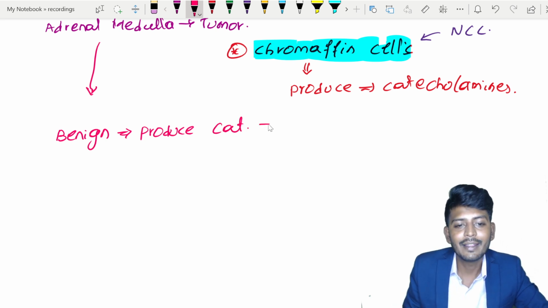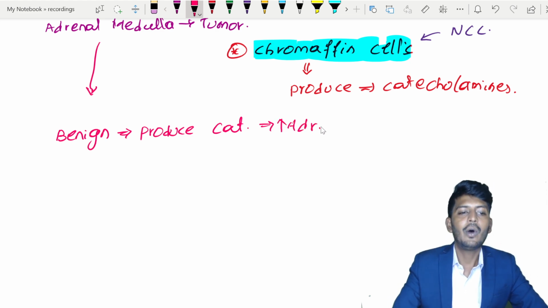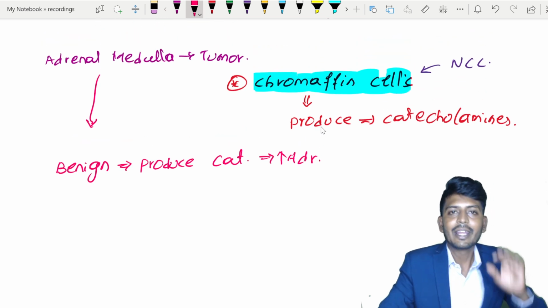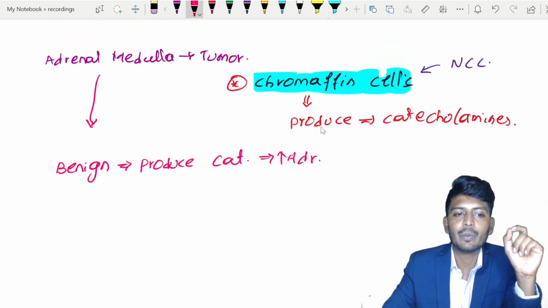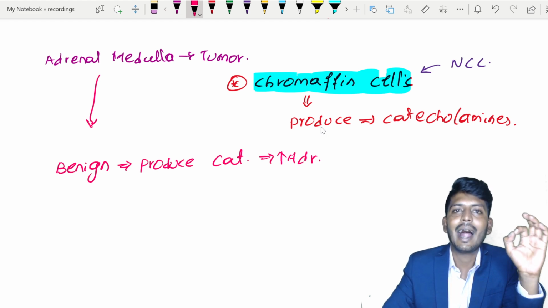So basically there is an increased amount of, most importantly, adrenaline. So far what we discussed: pheochromocytoma is a tumor which usually originates from your adrenal medulla.